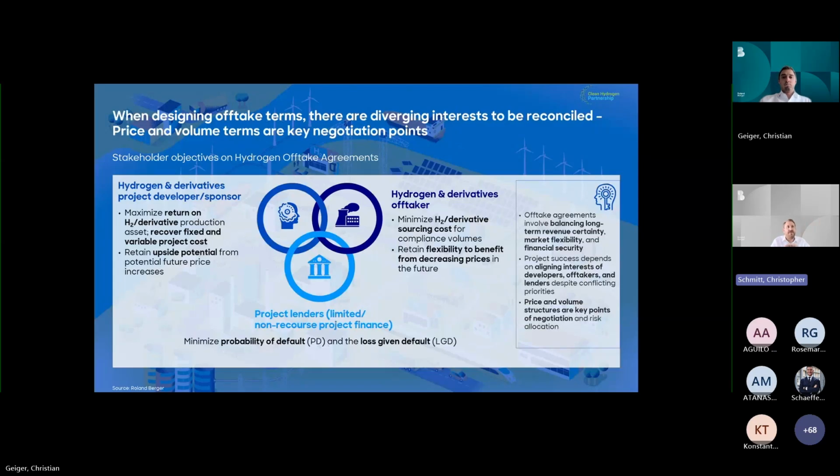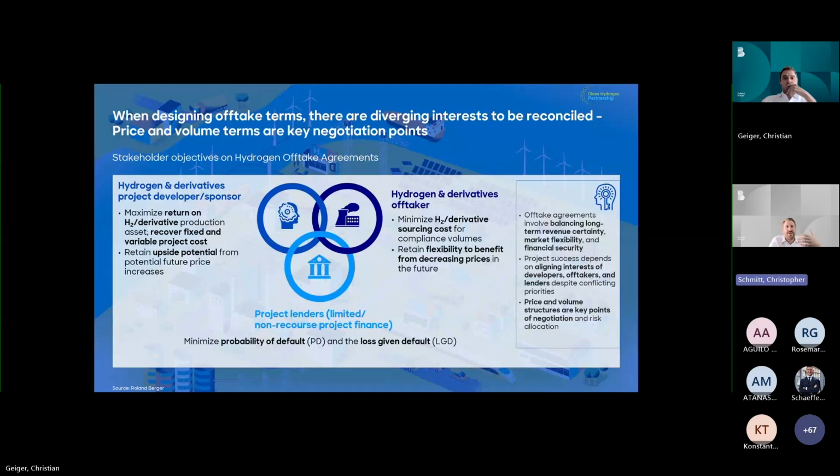On the off-taker side, you basically have the flip side of this. We talked about a lot of regulation. So for the off-takers, the priority is to actually source the compliance volume, so the volumes that they are obligated to source under the specific regulation that they are subject to, at the minimum price possible. So really minimizing their sourcing cost for clean H2, and at the same time they would like to retain the flexibility to benefit from decreasing pricing in the future.